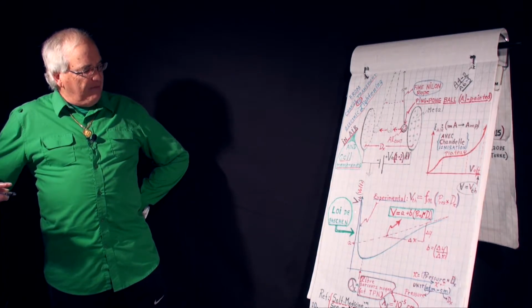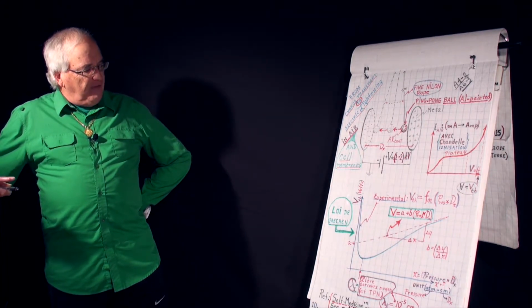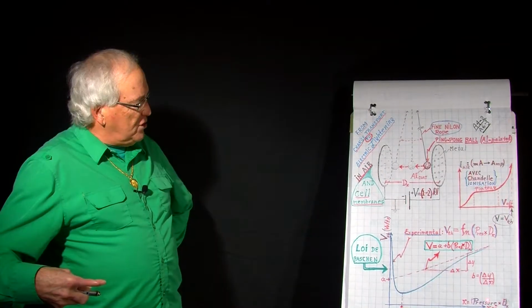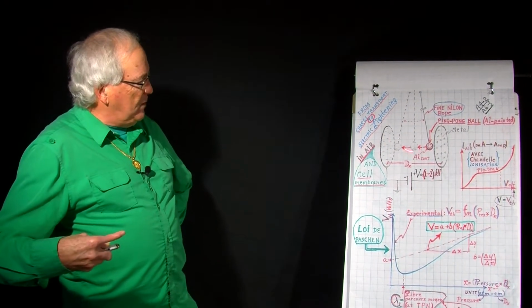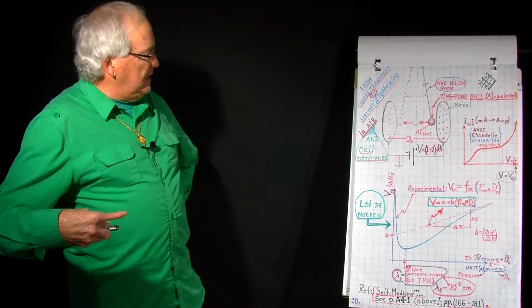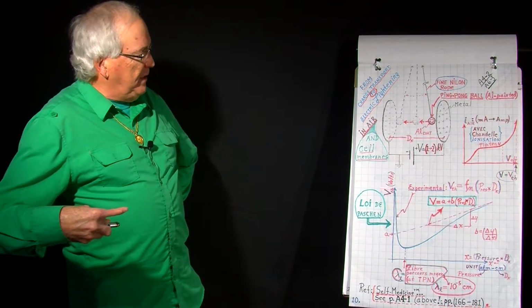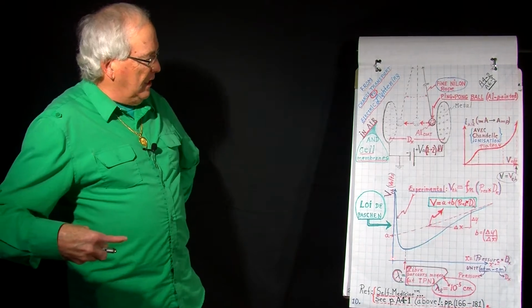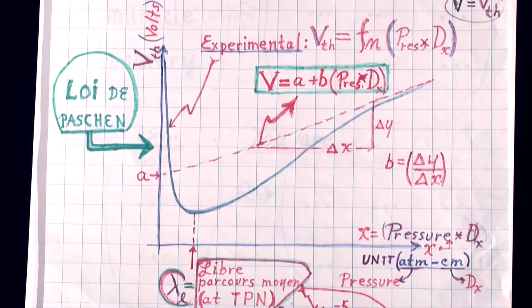Here you have a plot of the voltage versus pressure multiplied by distance between the plates. If we take voltage divided by distance, that would be the electric field, and against the pressure we would get roughly the same curve.